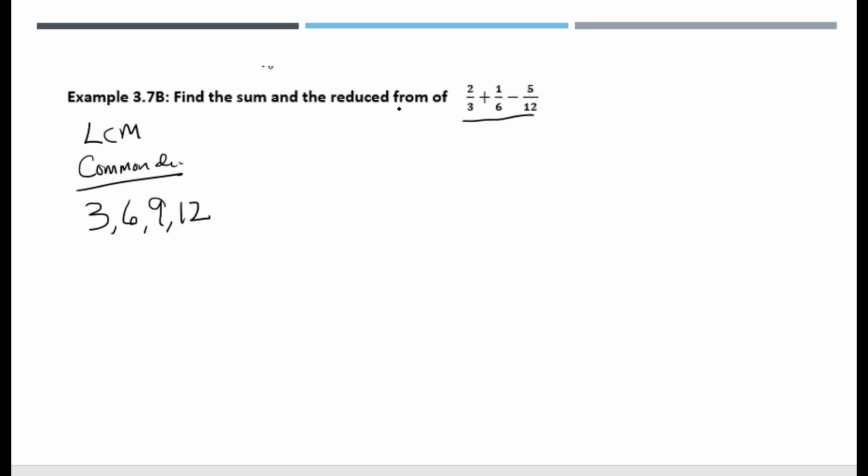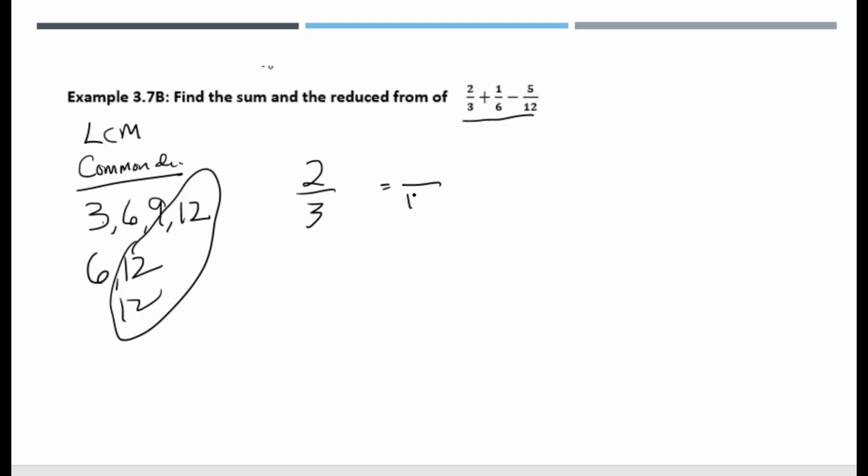So 12 is the multiple of the 3's, and the 6's, 6 times 1, 6 times 2, and then 12. So 12 is my least common multiple. So I have to change 2/3 into 12ths, and I have to change 1/6 into 12ths.